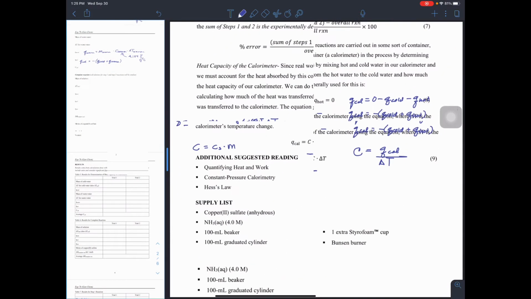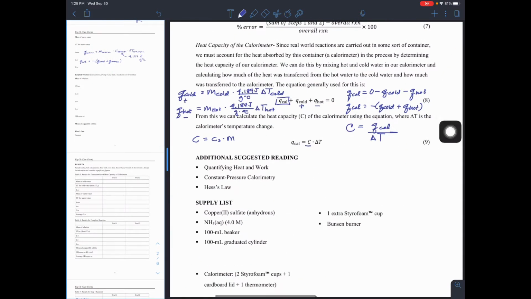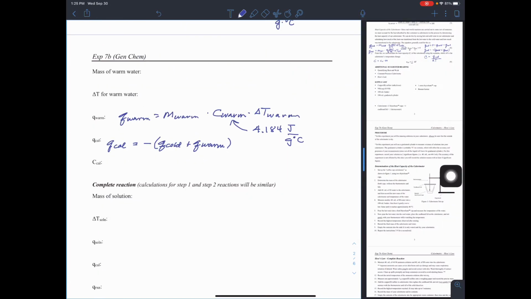Ccal, again, comes back to what we talked about over here. This is the equation we're using. C, the heat capacity for the calorimeter, is Qcal divided by the change in temperature. So Ccal equals Qcal divided by the change in temperature.